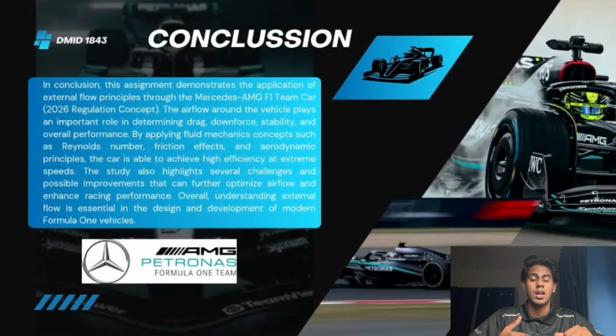The study also highlights several challenges and possible improvements that can further optimize airflow and enhance racing performance. Overall, understanding external flow is essential in designing the parts, the bodywork, and the development of a modern Formula One vehicle.